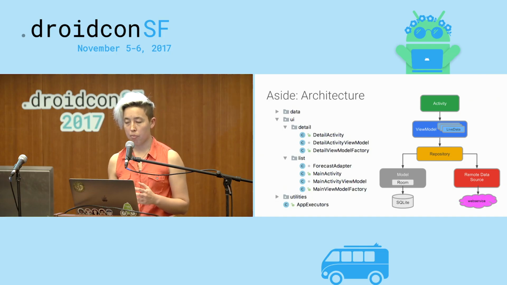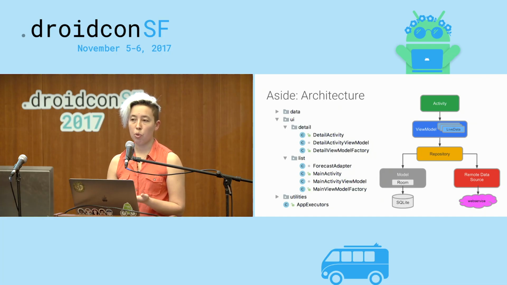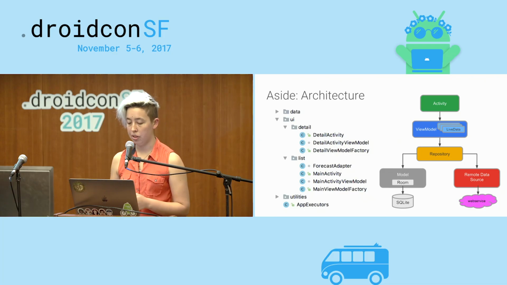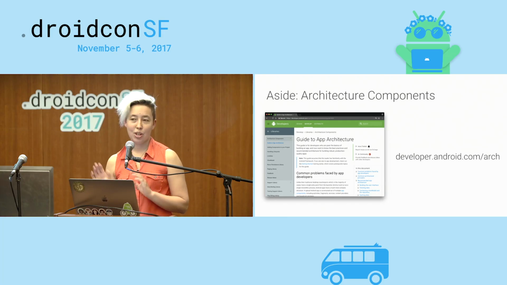Android architecture components are a new group of libraries that are supposed to make it so that you have to write less boilerplate code, and they get rid of some tricky edge cases. But they also have documentation associated with them about how one might want to architect an app, which is where I pulled a diagram from.